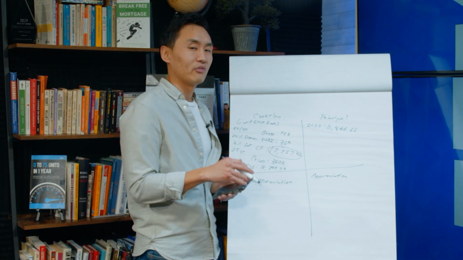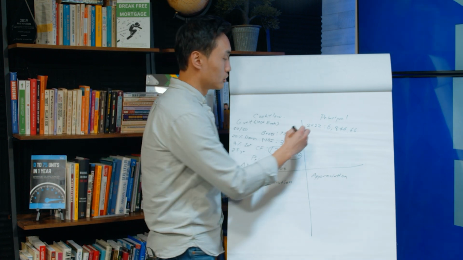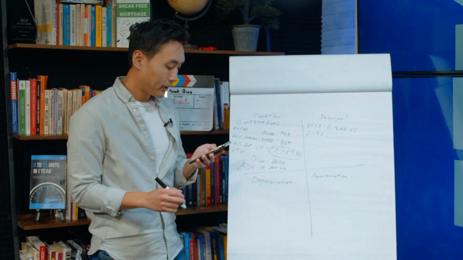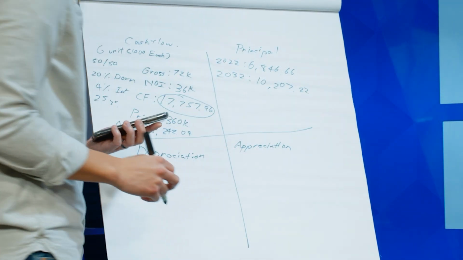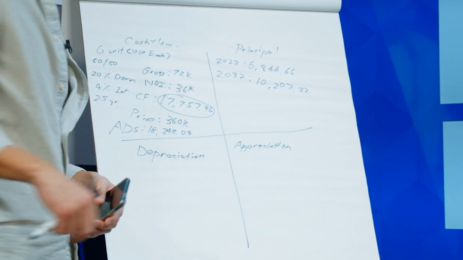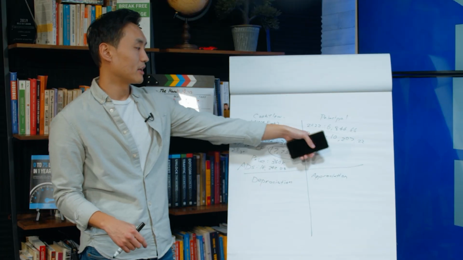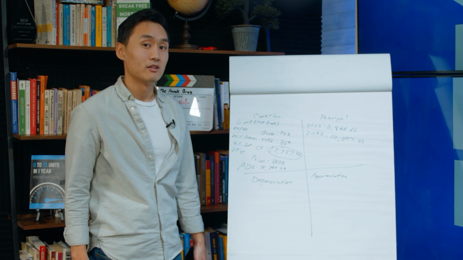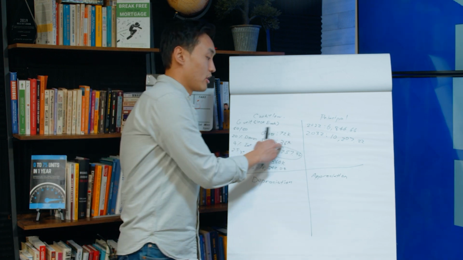So for example, if I go 10 years later to 2032, I'm paying $10,207.22, which by the way is more than $4,000 more than I was paying 10 years before. So I'm getting $4,000 more in principal that year than 2022. So that's the number we have for principal.